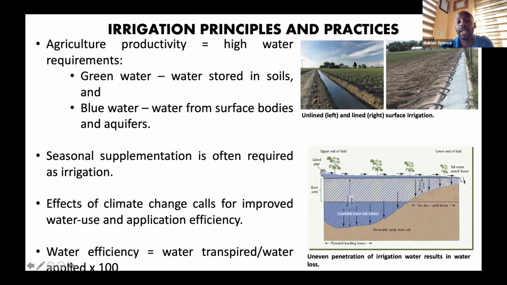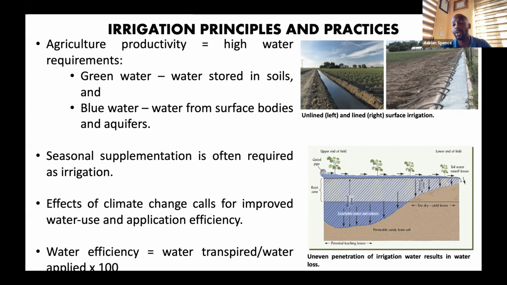So again, you're looking at some sort of surface irrigation here, where a ditch is dug and it's inundated with water. And that water is taken from one end of the field to another, right? As I said, the efficiency here is lower because you're losing water to evaporation.